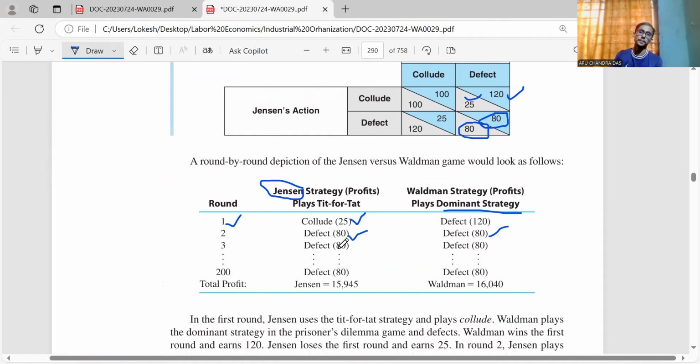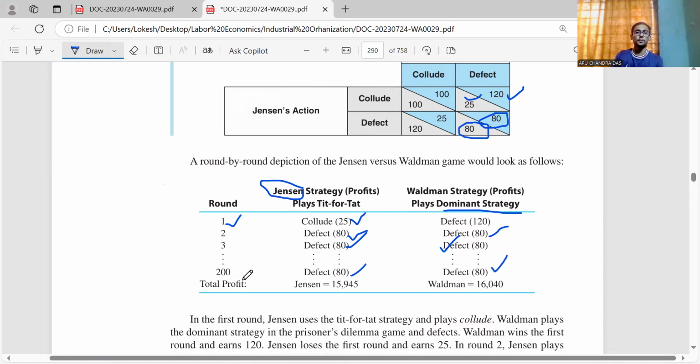So in round 3, Janson will also play defect, and Waldman will also play defect, and their payoffs are as before, $80. In this way, we continue the game up to round 200, and in the last round also, their payoffs will be $80 and $80.